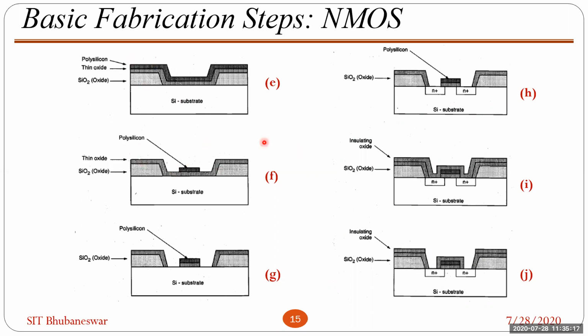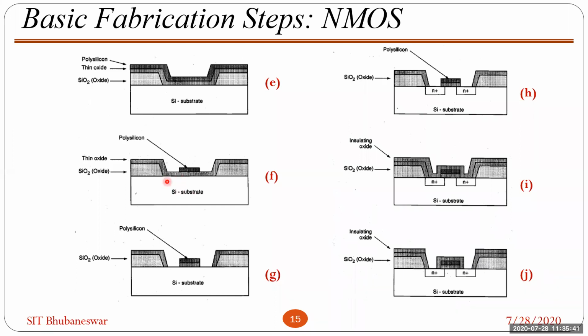These are the same processes to pattern the polysilicon. Now, once the polysilicon is there, the left side and right side of that polysilicon should be removed, because we want to create the diffusion layers here.